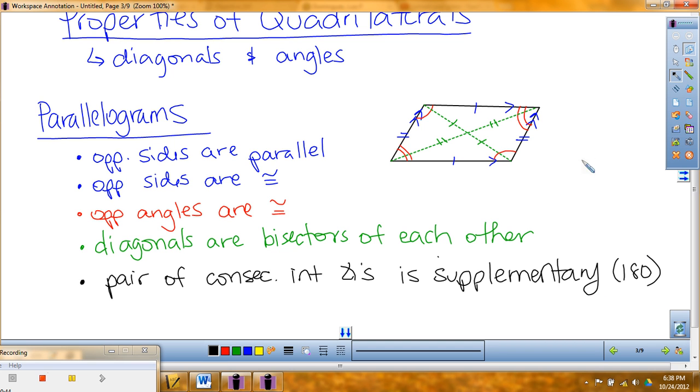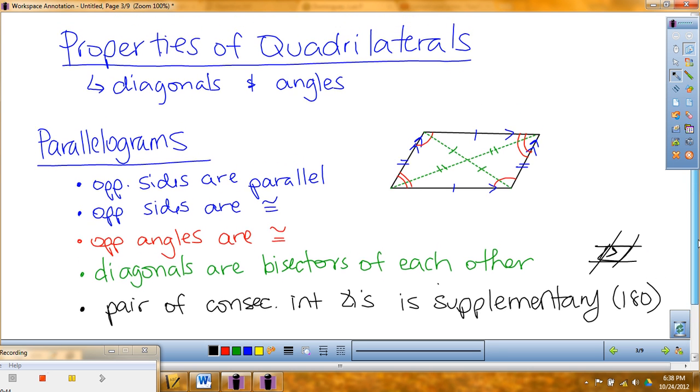Again, this is using the fact that when we had our parallel lines and transversals, those consecutive interior angles were supplementary. Now we just have one more transversal giving us this parallelogram shape. So you can use that property. So there are all of the properties for parallelograms.